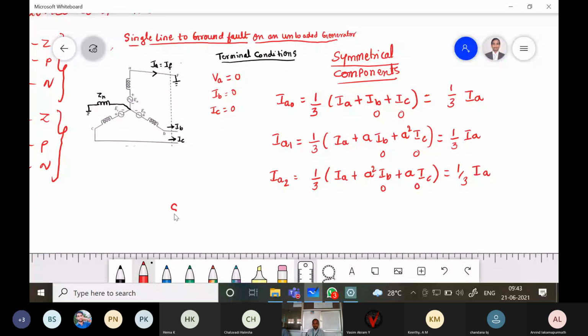So we can write IA1 is equal to IA2 is equal to IA naught, all equal to 1 by 3 times of IA. Is it clear?